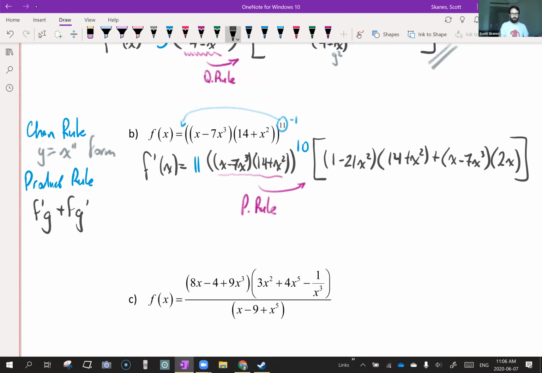And once again, we're not going to simplify that. We're just going to leave it like it is. Hopefully you can see, I'll put it in green, this is f and this is g. So this is f prime g plus f g prime. And that is done.